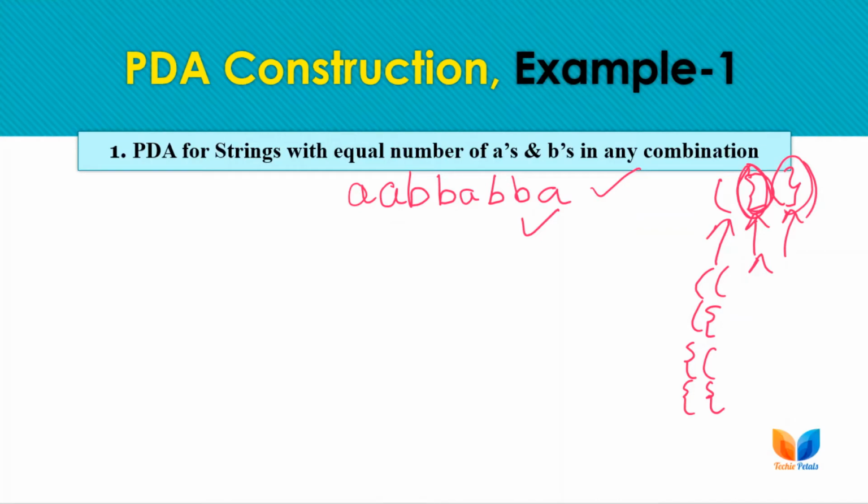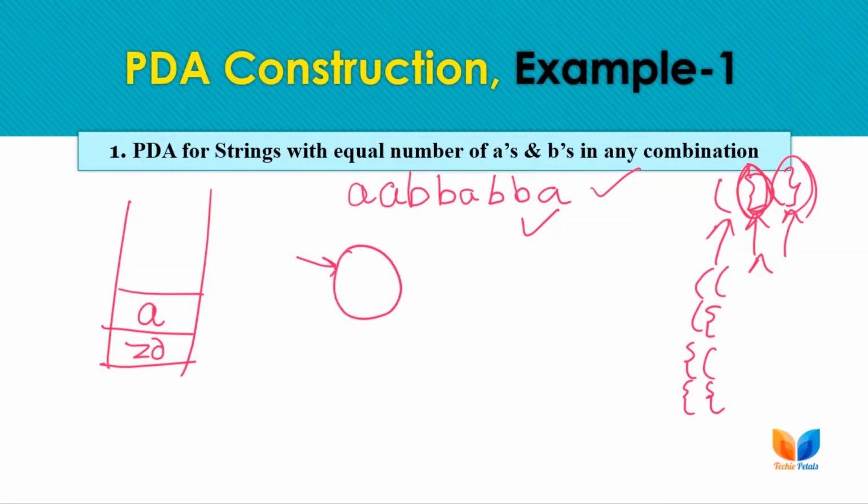So this is the approach that we will be following for this question as well, where if any symbol appears in the input string, and if that symbol is the same as the stack top, means if we are having Z0 as the initial stack top, if we have the first symbol as A or the first symbol as B, then we simply need to push that symbol onto the stack.